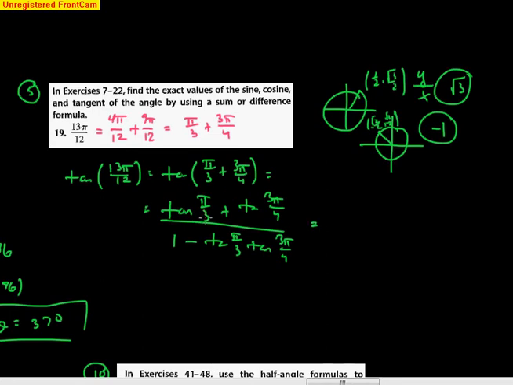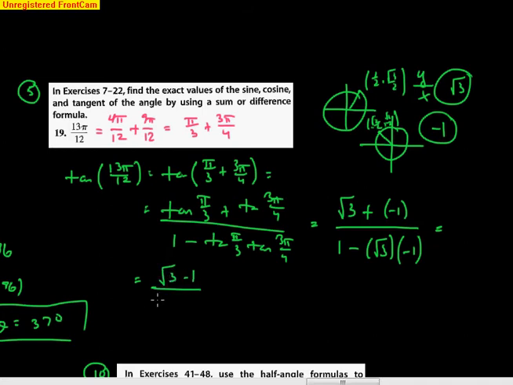So the tangent of pi over 3 is radical 3, plus the tangent of 3 pi over 4 is negative 1, all over 1 minus radical 3 times negative 1. And this simplifies to radical 3 minus 1 all over 1 plus radical 3.